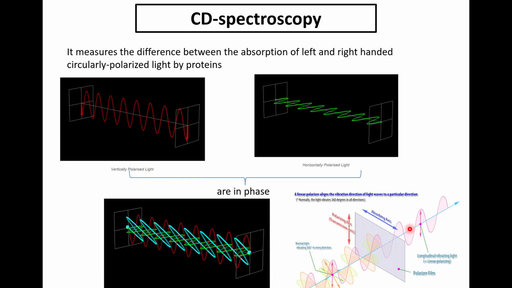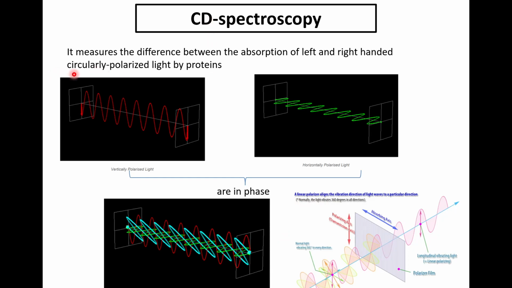But whenever you pass it through a polarizer, it will allow only one direction of light to pass through it, and other linearly polarized light in other directions will be stopped here. So with the help of this, you are creating a linearly polarized light in one direction. This is the example of a linearly polarized light.